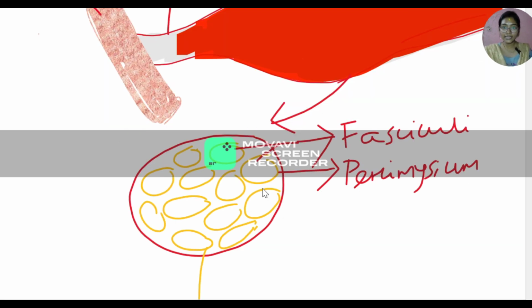If we dissect a muscle, it will look like this. It is made up of many fasciculi. These are the fasciculi which together form a muscle. Then this is the outer covering of a fasciculus. The outer covering of a single fasciculus is known as the perimysium.